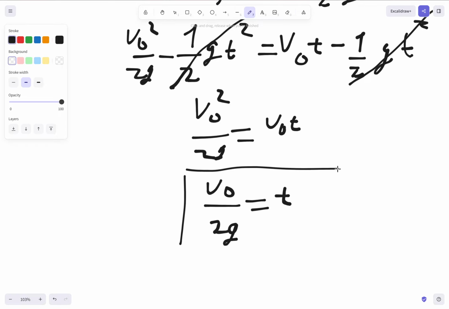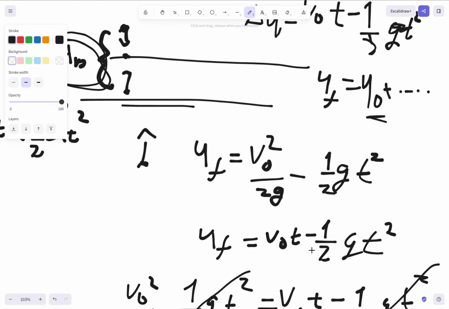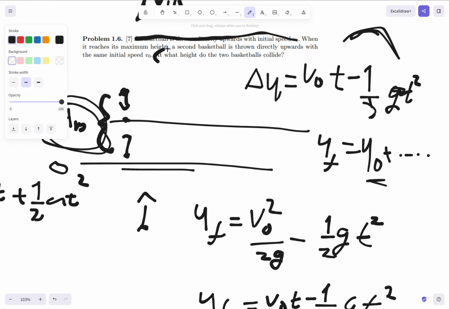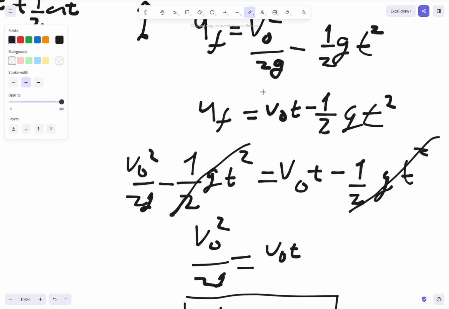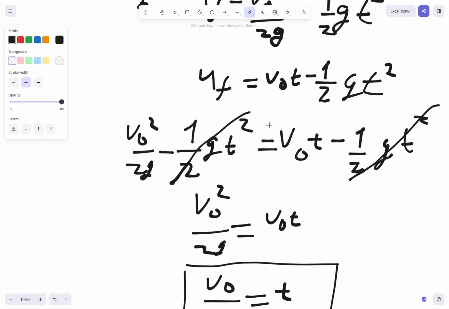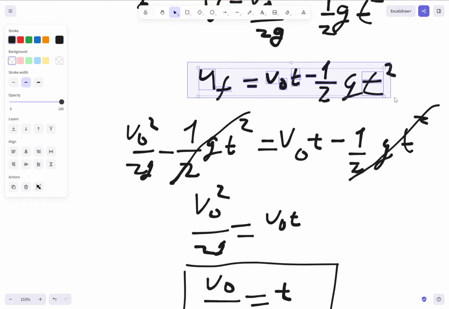Our problem is not solved yet because in the end it's asking what height it collides. We have the time, and now we just plug it into one of these equations. Let's just use this one.